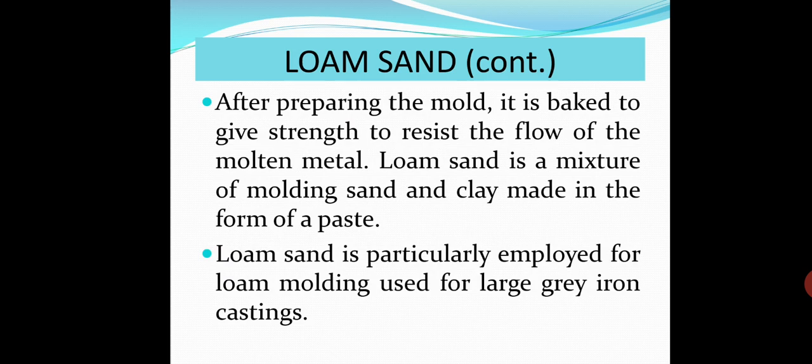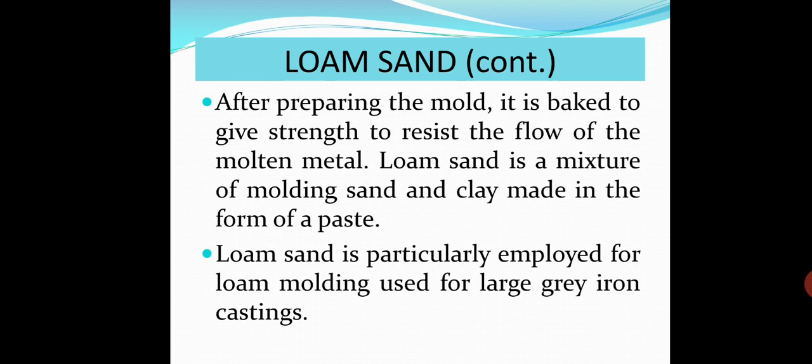After preparing the mold, it is baked to give strength to resist the flow of the molten metal. If we prepare the mold using loam sand, then we have to bake the loam before allowing the molten metal into the mold cavity. So loam sand, as I have already discussed, is in the form of a paste.